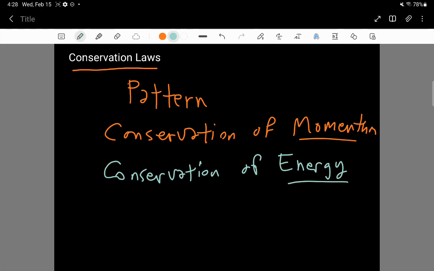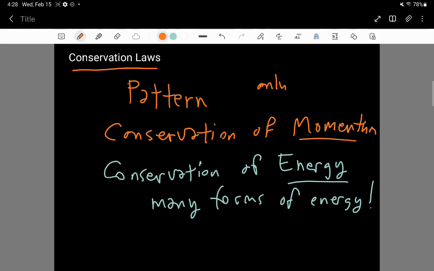The thing about energy that's interesting is energy comes in many forms. So there are many forms of energy. But there's only one form of momentum. And momentum, the form that we're stuck with, there is no other form of momentum.